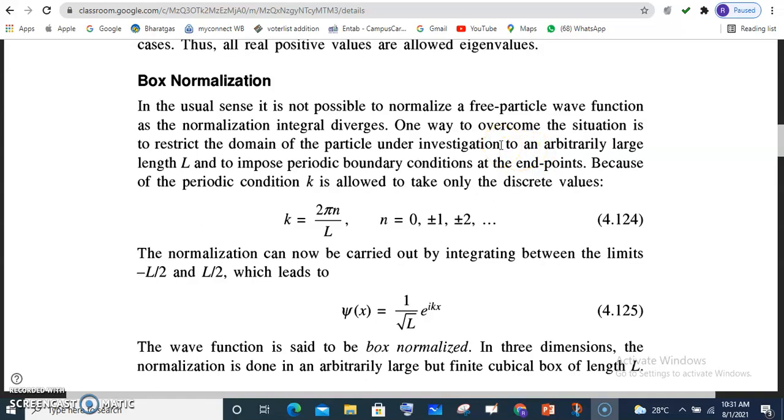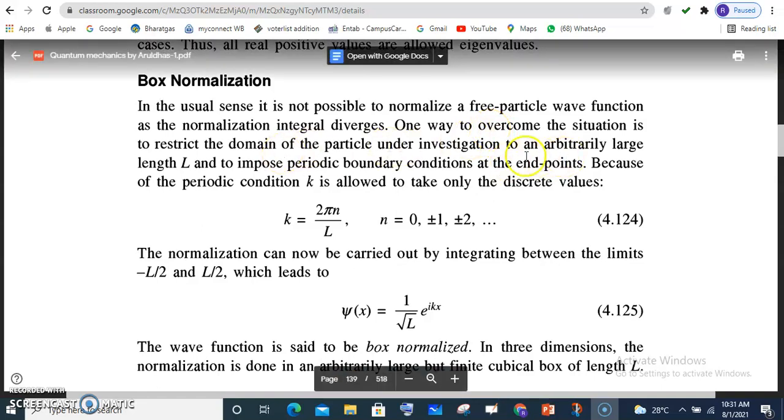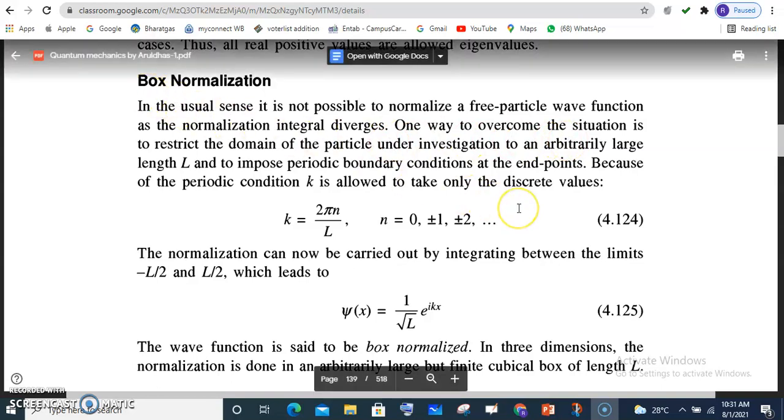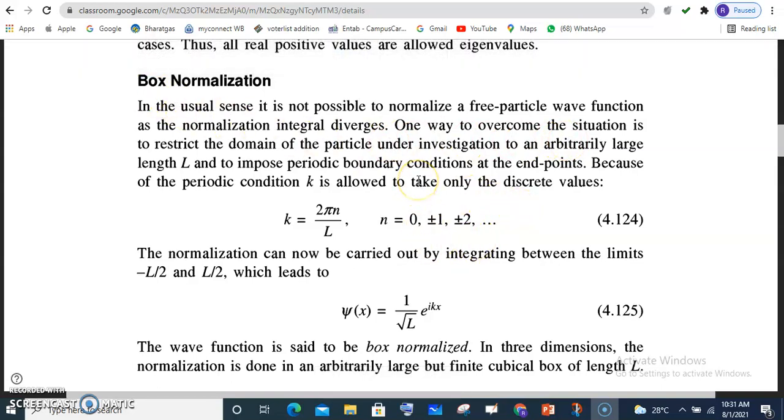We will be discussing two of such methods here, and the first one is the box normalization. In the box normalization, we are going to confine the particle to a box of length capital L and impose periodic boundary conditions at the endpoints.